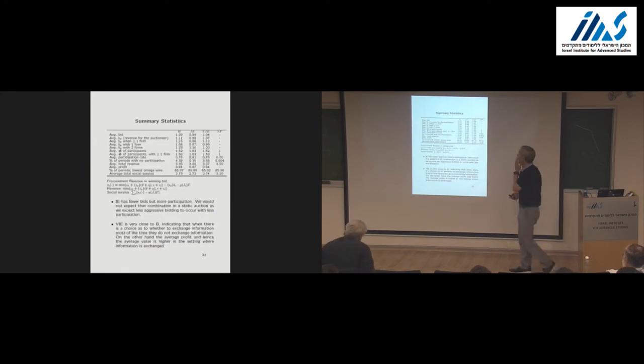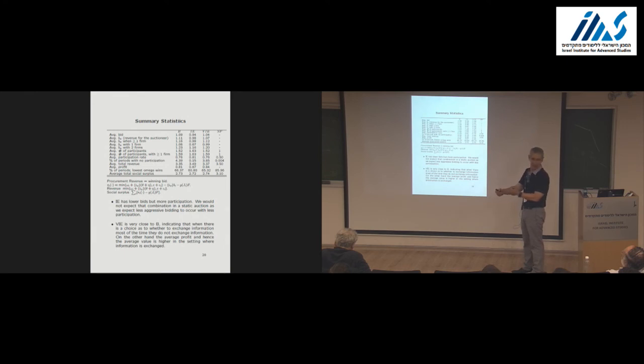Okay, so I want to show you a bit about the results because they're sort of interesting. I'm going to compare these two results first. Okay. So when you do static auctions, the aggressiveness of the bidding and the number of people participating are correlated, okay? If it's a really valuable auction, there's lots of guys participating and the bidding is aggressive.